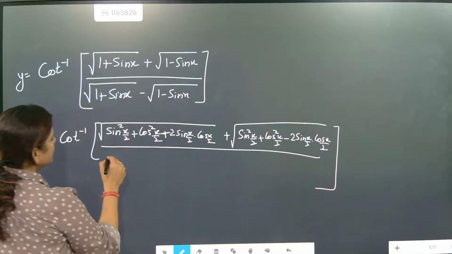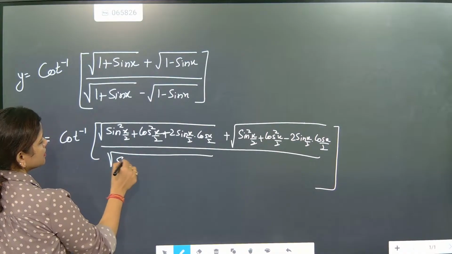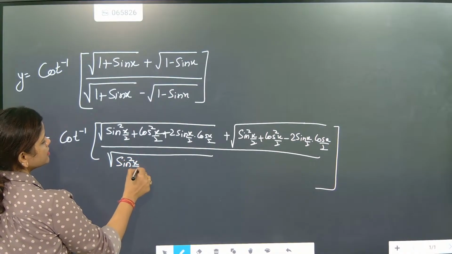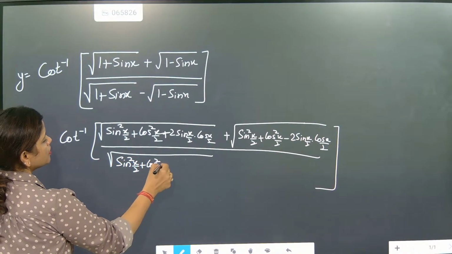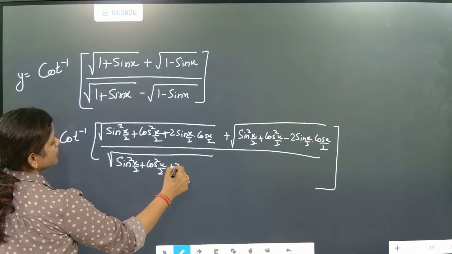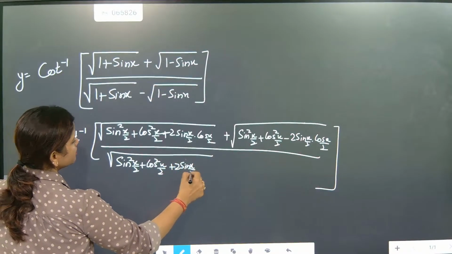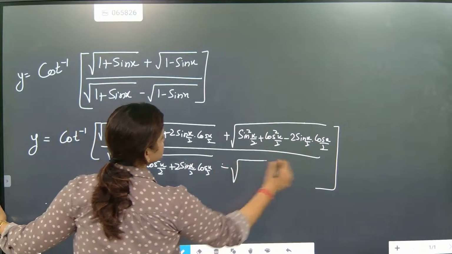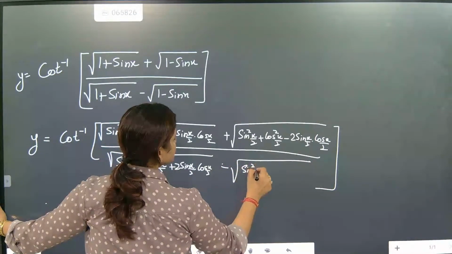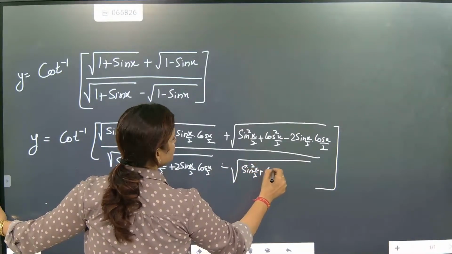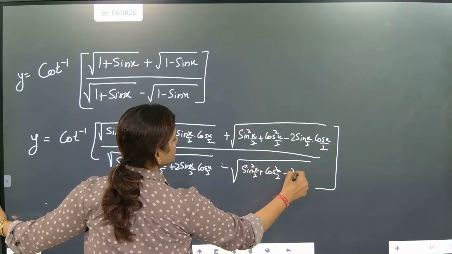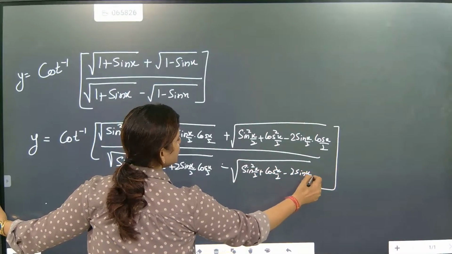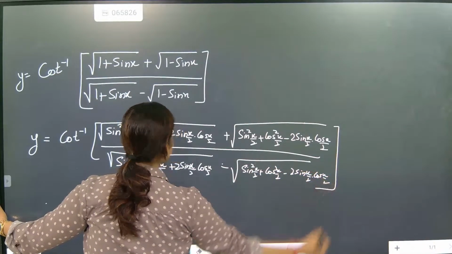Denominator part will come as sin square x by 2 plus cos square x by 2 plus 2 sin x by 2 into cos x by 2, minus sin square x by 2 plus cos square x by 2 minus 2 sin x by 2 into cos x by 2.